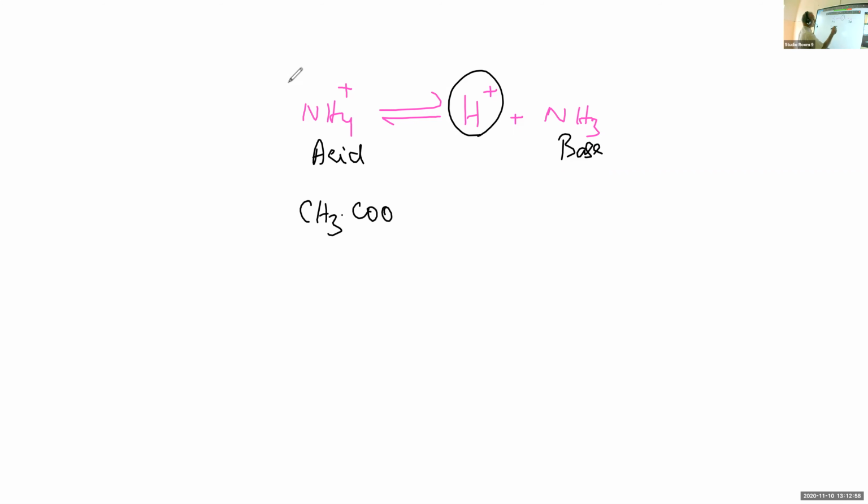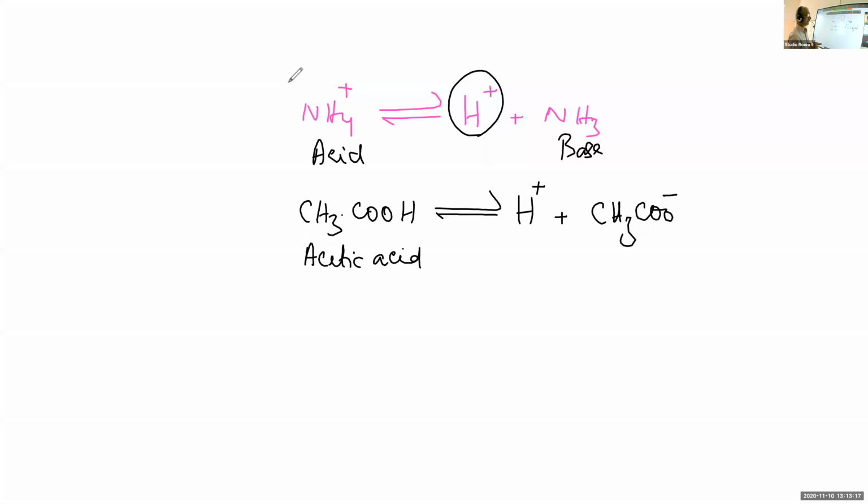Say CH3COOH, acetic acid, ethanoic acid, and it ionizes, giving H+ and CH3COO-. This is our acetic acid, vinegar, and CH3COO- is the acetate ion, similar to nitrate ion, sulfate ion, hydrogen sulfate ion HSO4-, carbonate ion CO3 2-, hydrogen carbonate ion HCO3-.